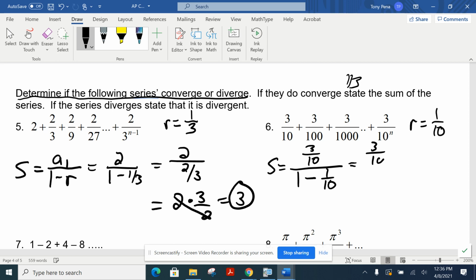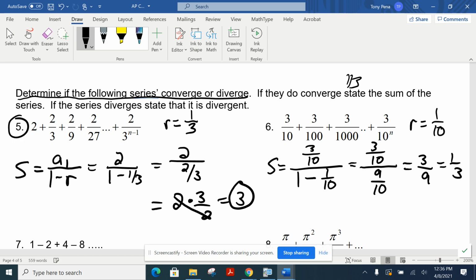So we get 3/10 on top. This would give us 9/10 on the bottom. The 10s cancel, leaving you with 3/9, which is in fact the 1/3 that we got on the previous page as well. All right.